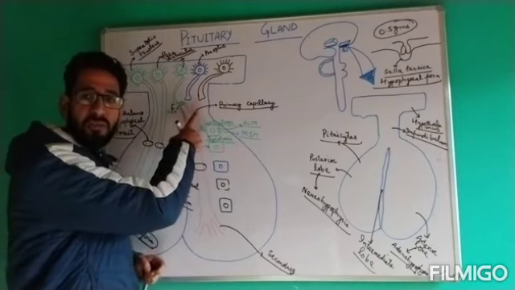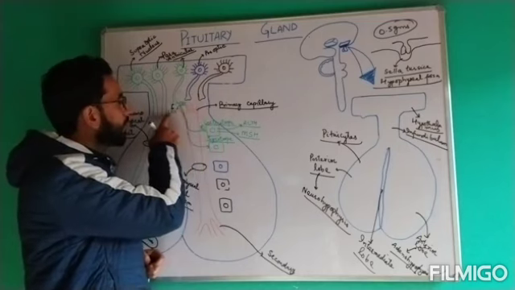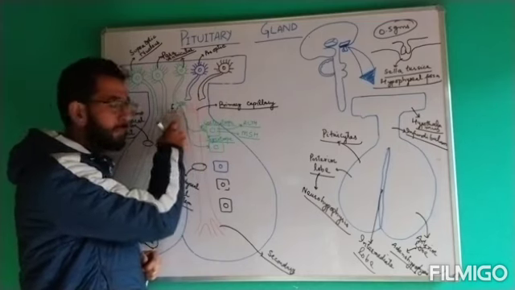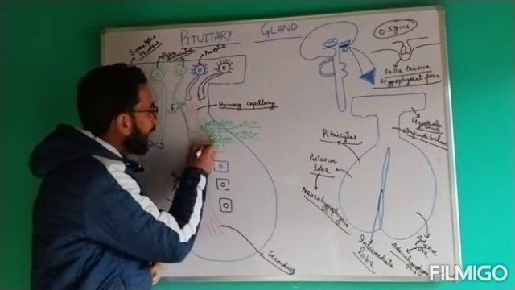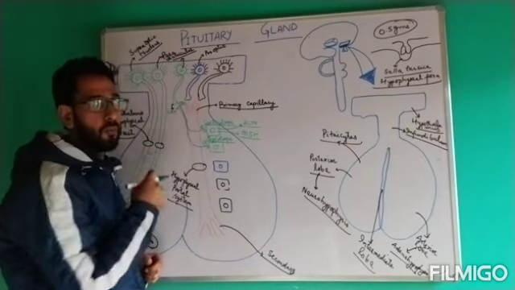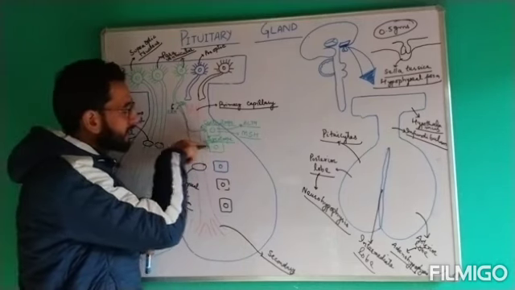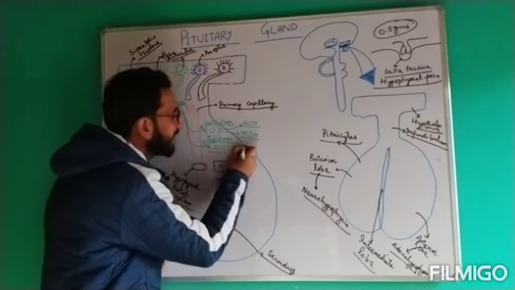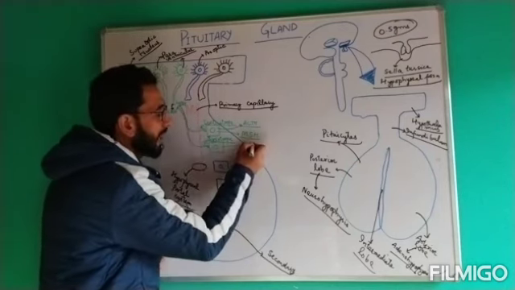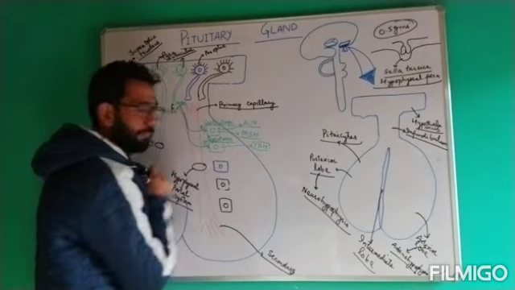So the first one was corticotrope, which is stimulated by corticotropin releasing hormone, and the second cell is thyrotrope, which is stimulated by thyrotropin releasing hormone. Once it stimulates this thyrotrope, it will secrete one hormone called thyroid stimulating hormone, TSH.